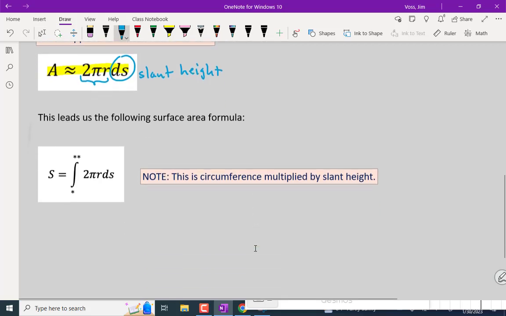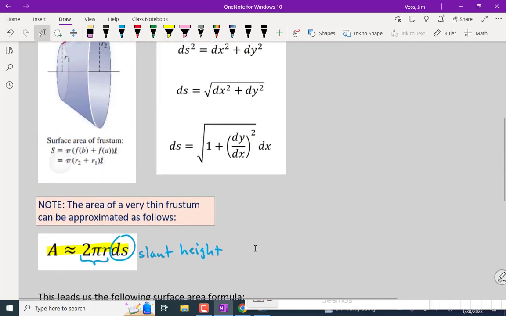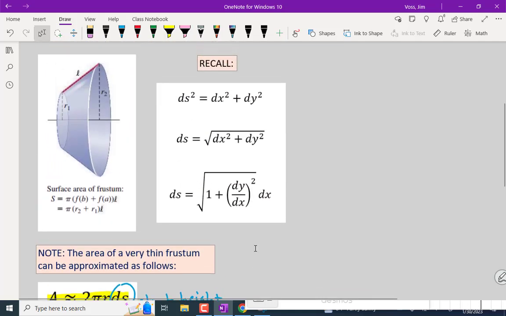So this is the area of a thin frustum, basically circumference times slant height. When we're doing surface area, we think about circumference times ds, and you already know how to get rid of ds. This is what we did already today.